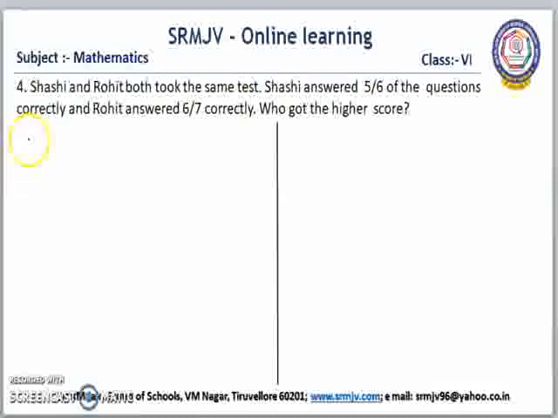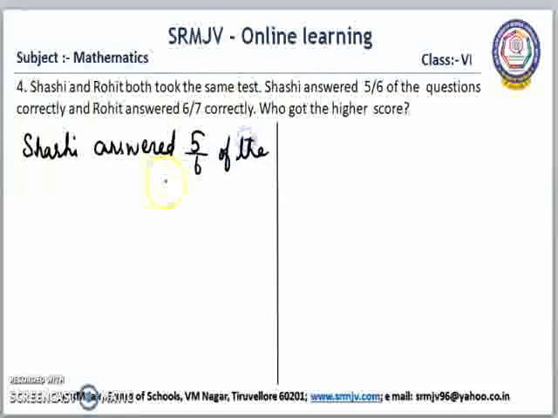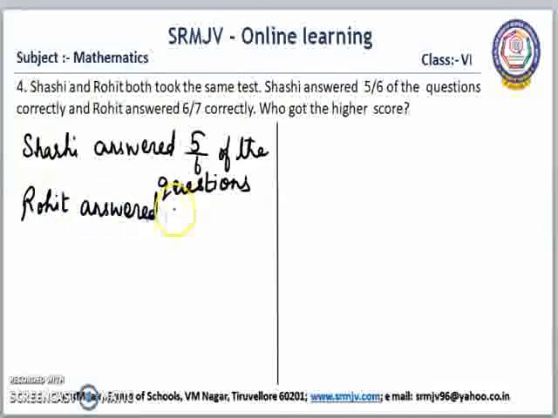First, Sasi answered 5 by 6 of the questions. Rohit answered 6 by 7 of the questions.